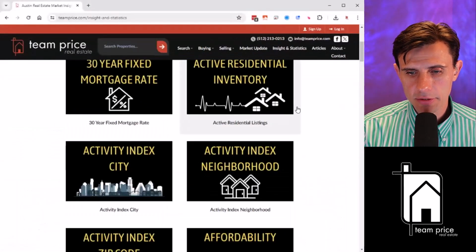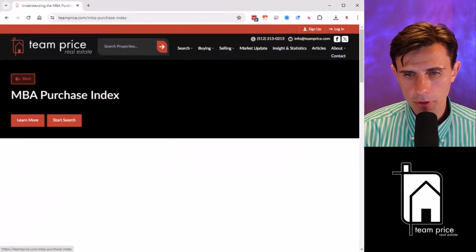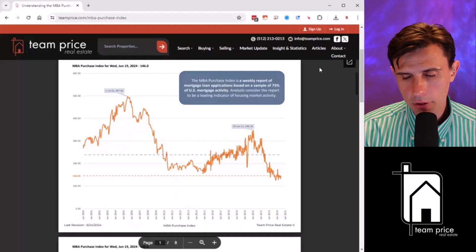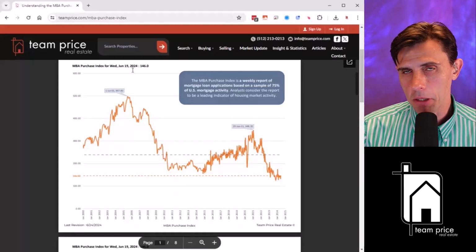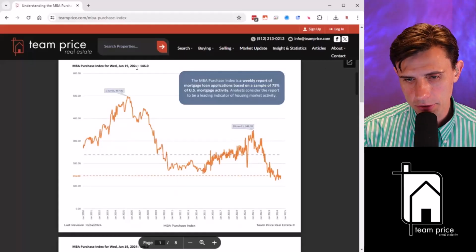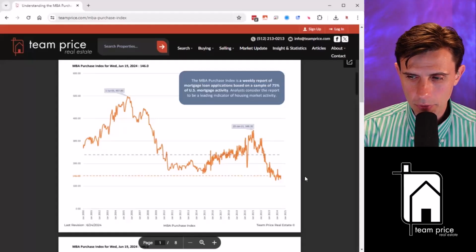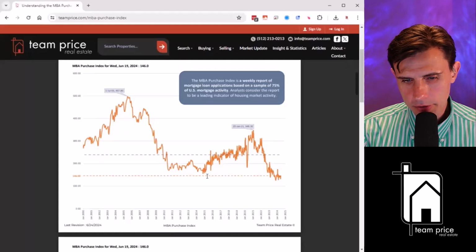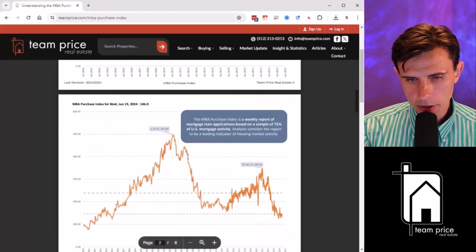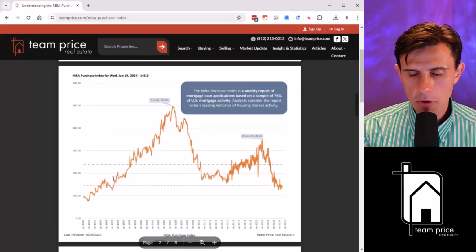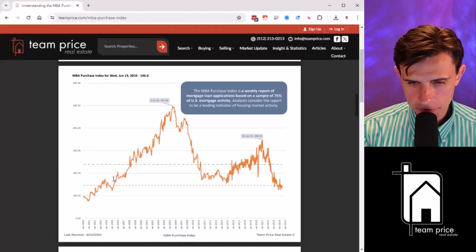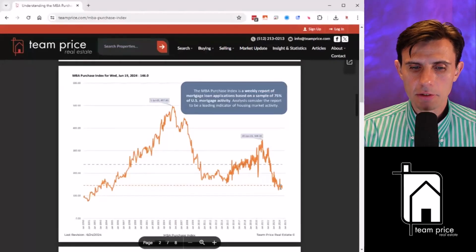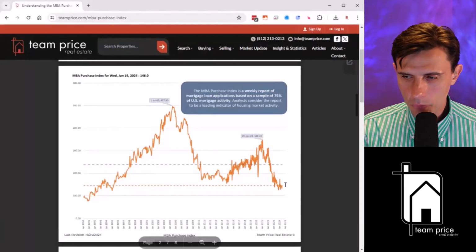You go to Insight and Statistics, scroll down to the MBA Purchase Index, and there we are. We're currently at 146. If people don't apply for a loan, they don't buy real estate, bottom line. And we are still right there at a record low. We have to go all the way back to 1995 to get an MBA Purchase Index that is lower than where we are right now.